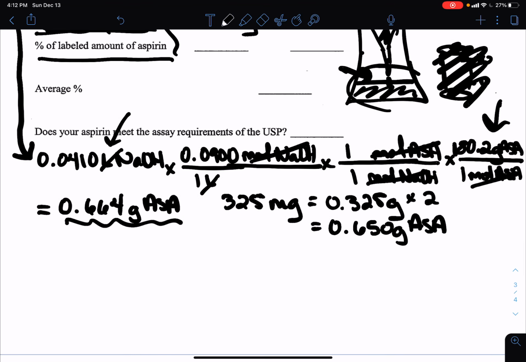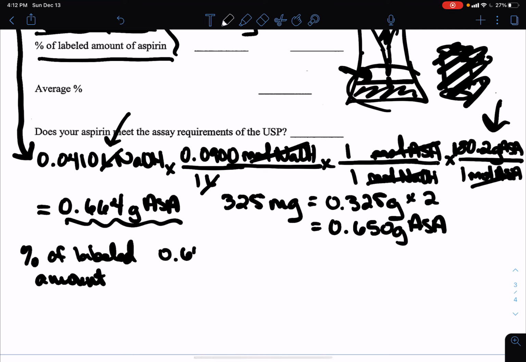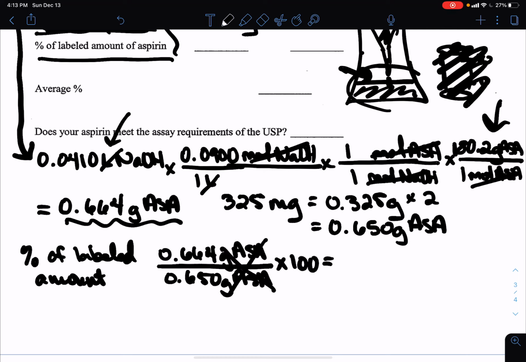So what I would do to get percent of labeled amount is I say, okay, I'm going to have 0.664 grams of ASA, which is my experimental value, divided by my theoretical value, which is 0.650 grams of ASA, and then grams of ASA cancel out, and you multiply that by 100.